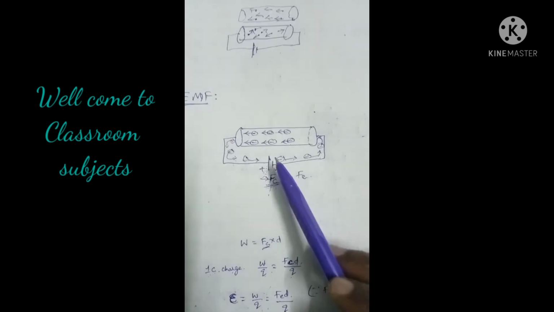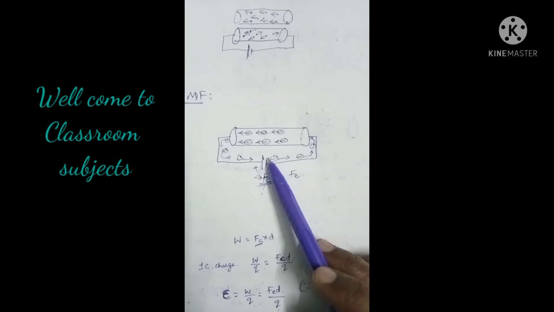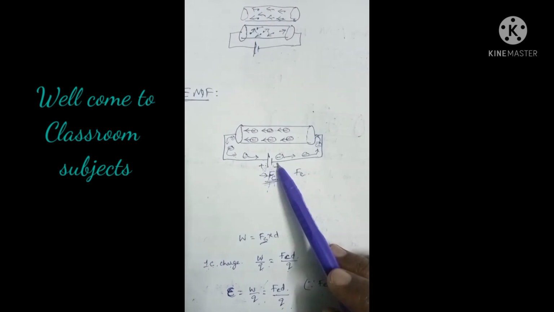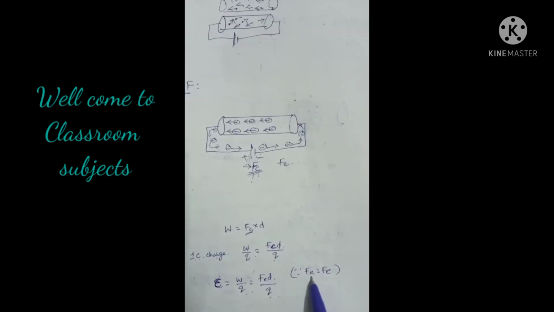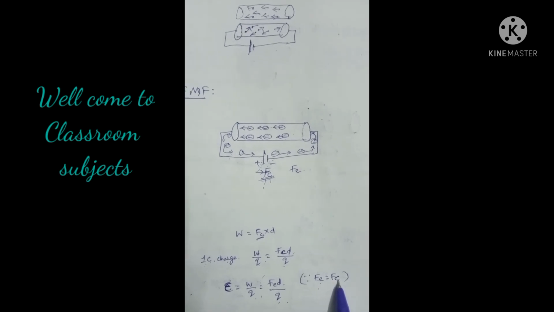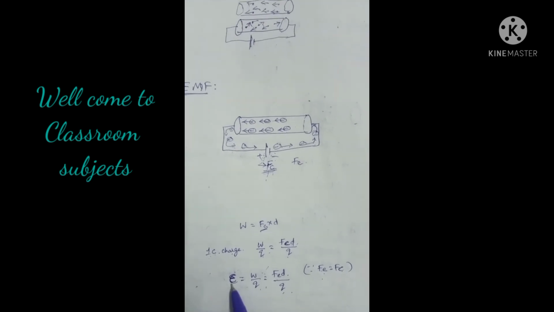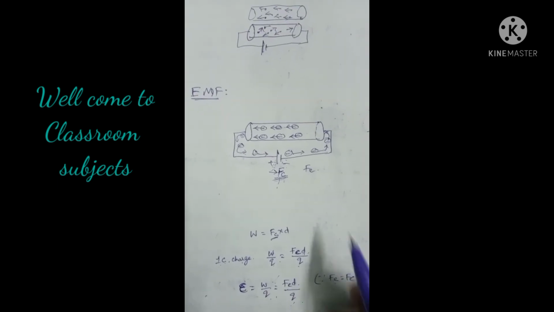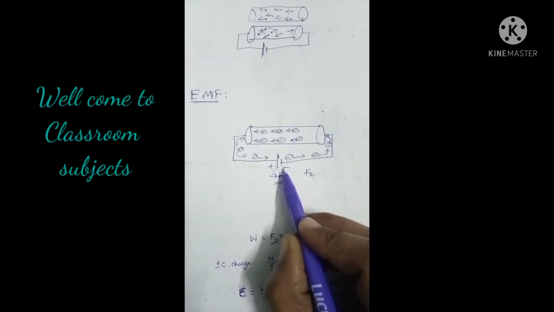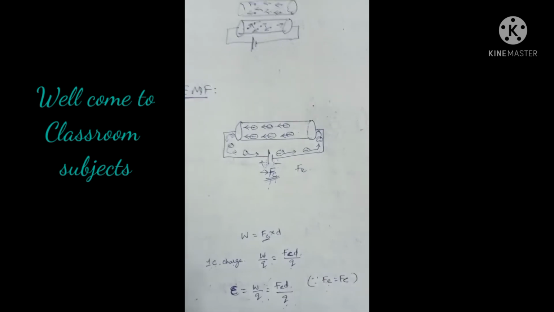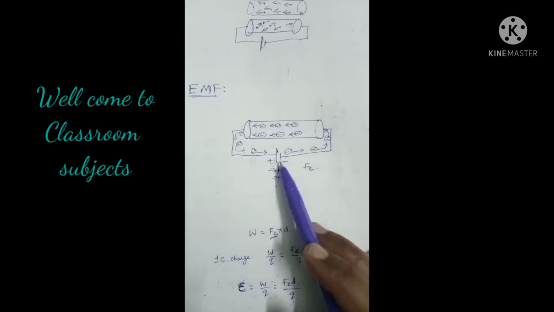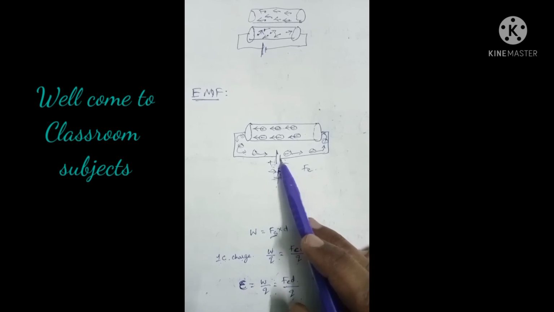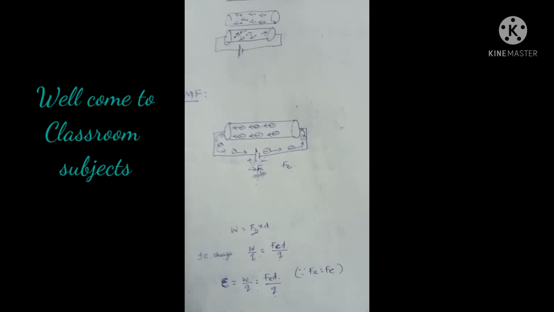When the potential difference across the battery is constant, Fe is equal to Fc. Under this condition, EMF E is equal to Fe into D by Q, where D is the distance between the positive terminal and the negative terminal of the battery. D is the distance between the two battery terminals. Okay, thank you.